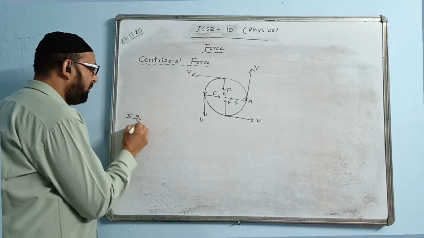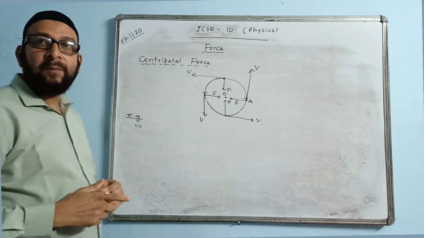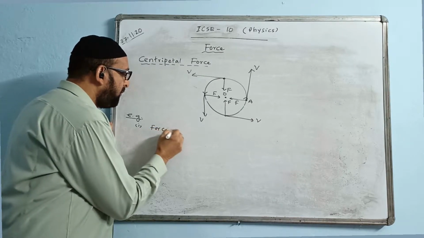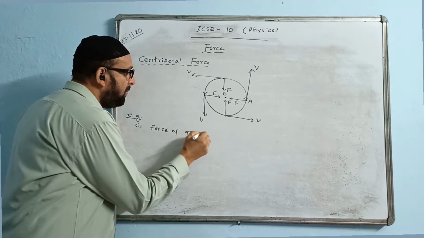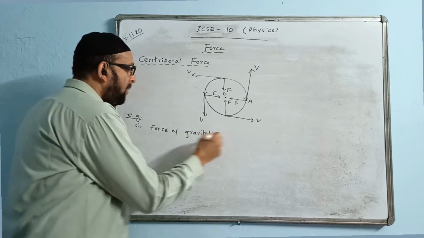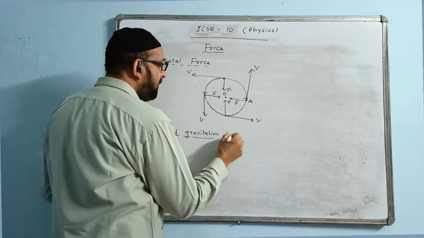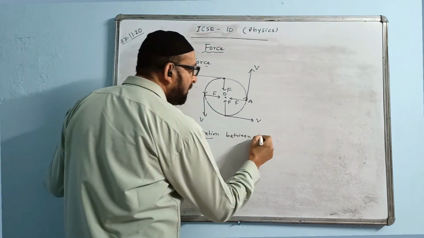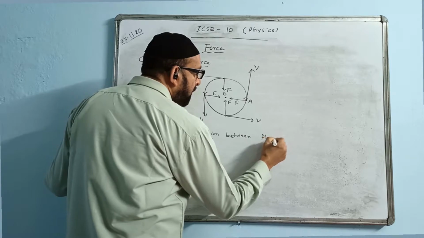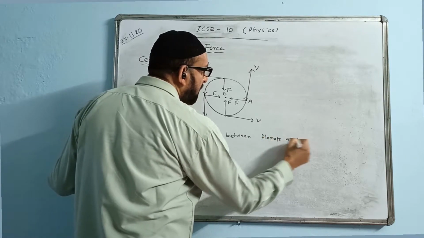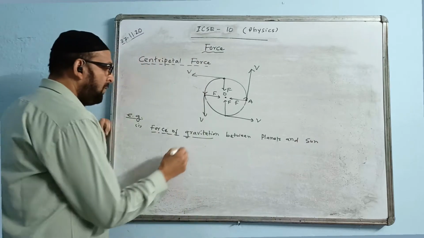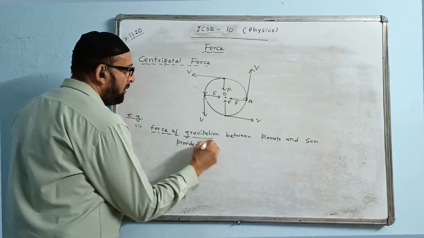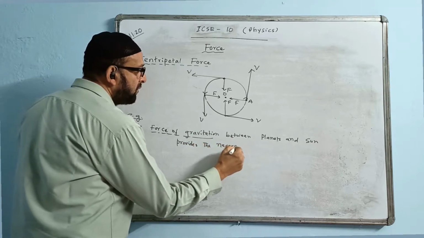Example number 1: the force of gravitation between planets and the sun provides the necessary centripetal force.